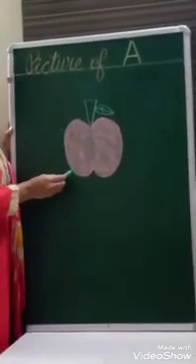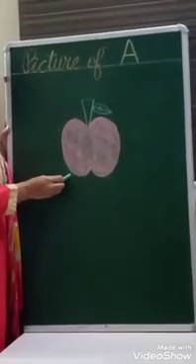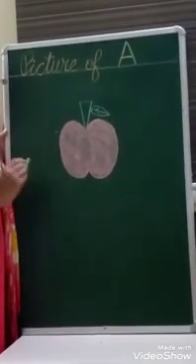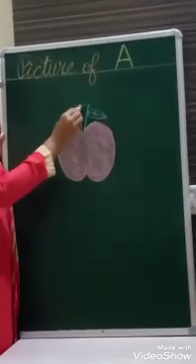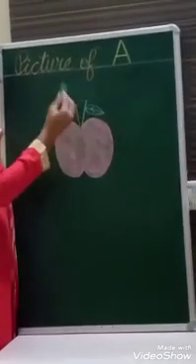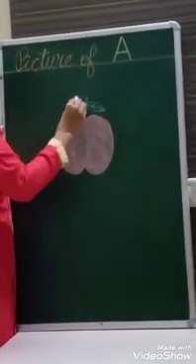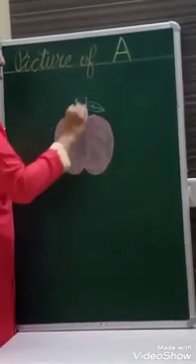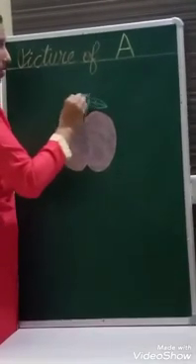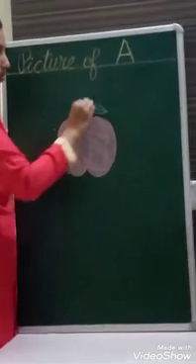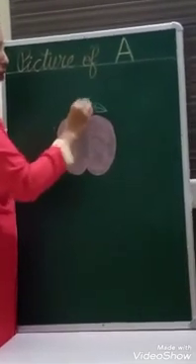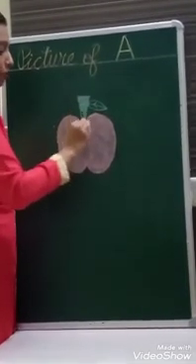So, like this, my dear students, we will color the apple with red color. Now, on its top, the stem of the apple, we will color it with green color, and we will do green color in its leaf also.